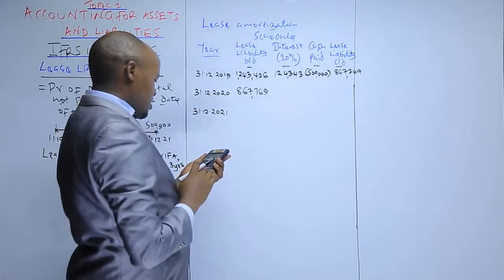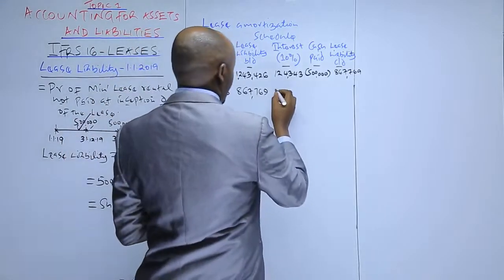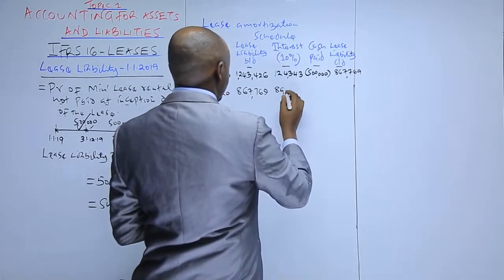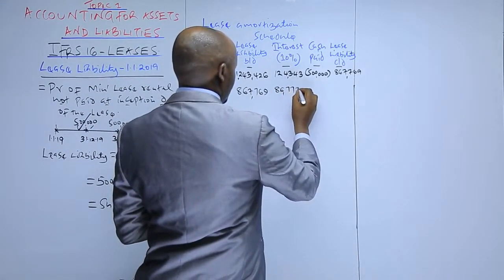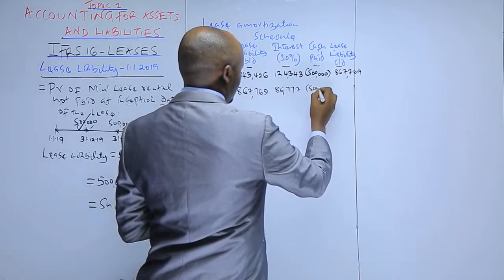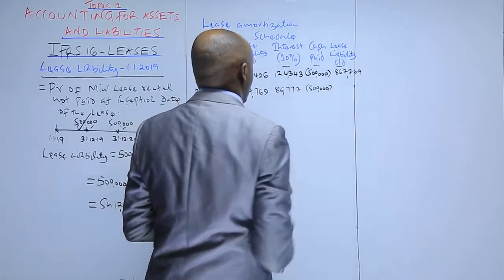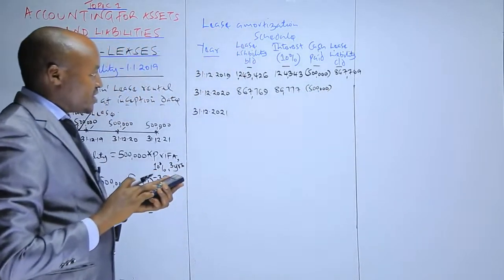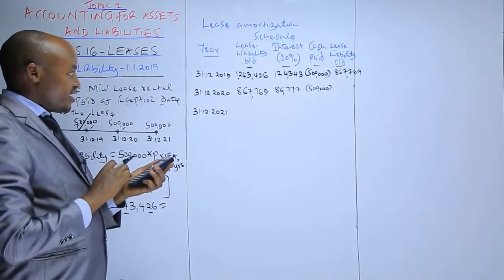So we compute interest being 10% of that, which will give us 86,777, and the cash which was paid in that year was 500,000. So let's work out the lease liability at the end of year two.